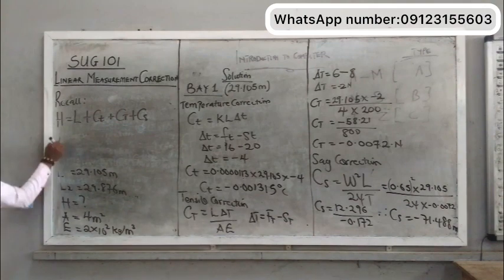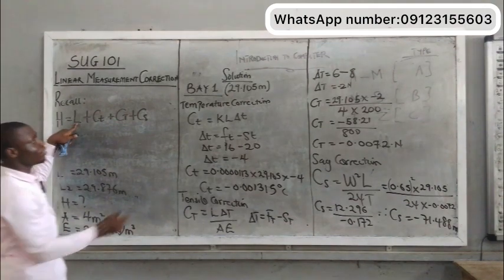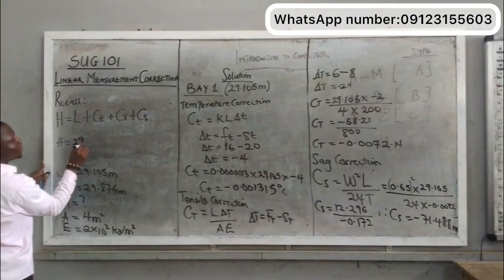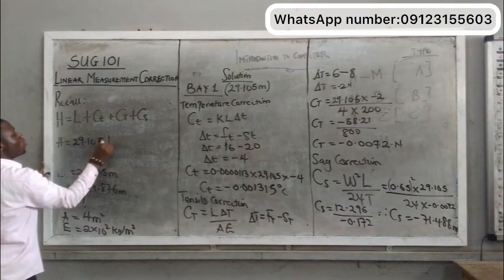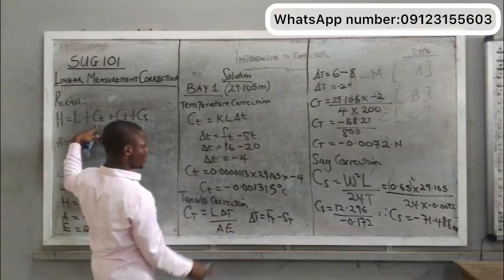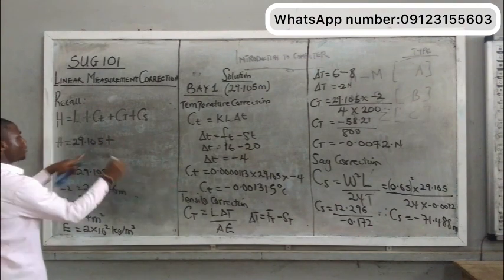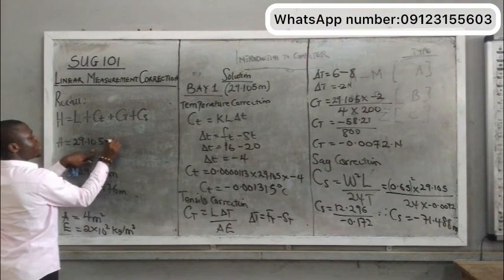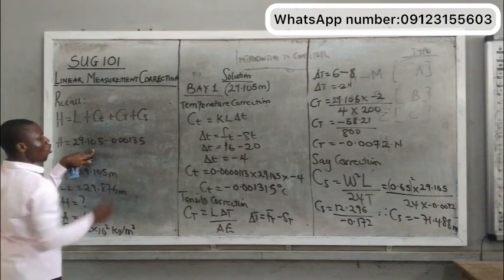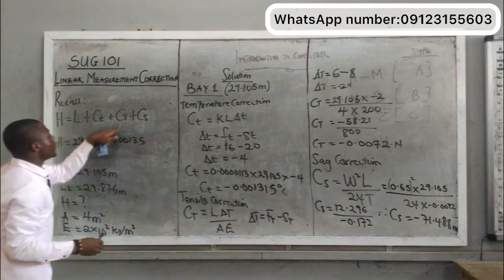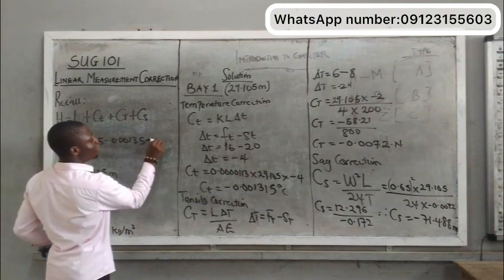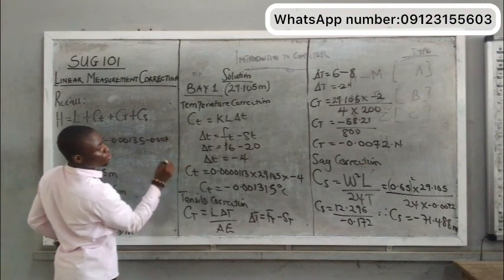My H is equal to N, which is 29.105, plus CT, which is minus 0.001335, also plus capital CT, see my value, minus 0.0072.